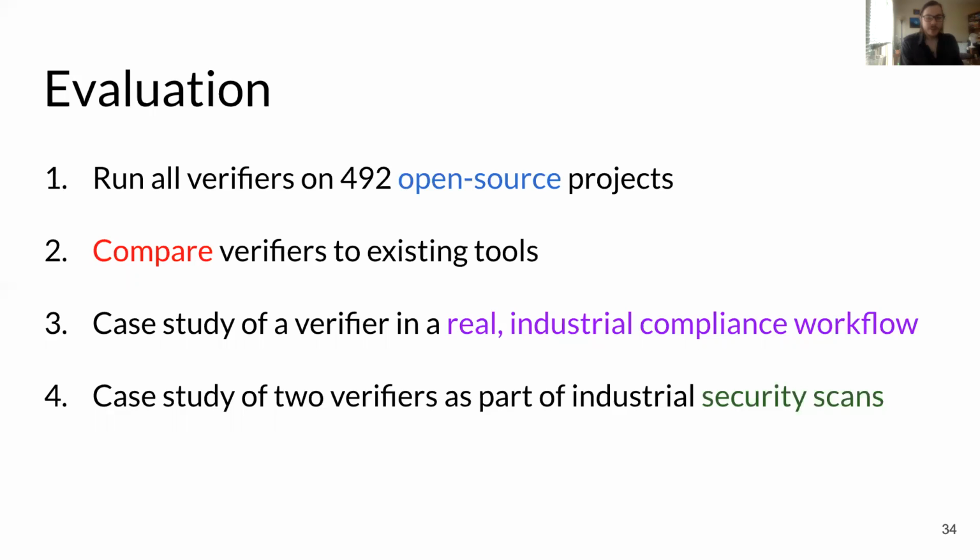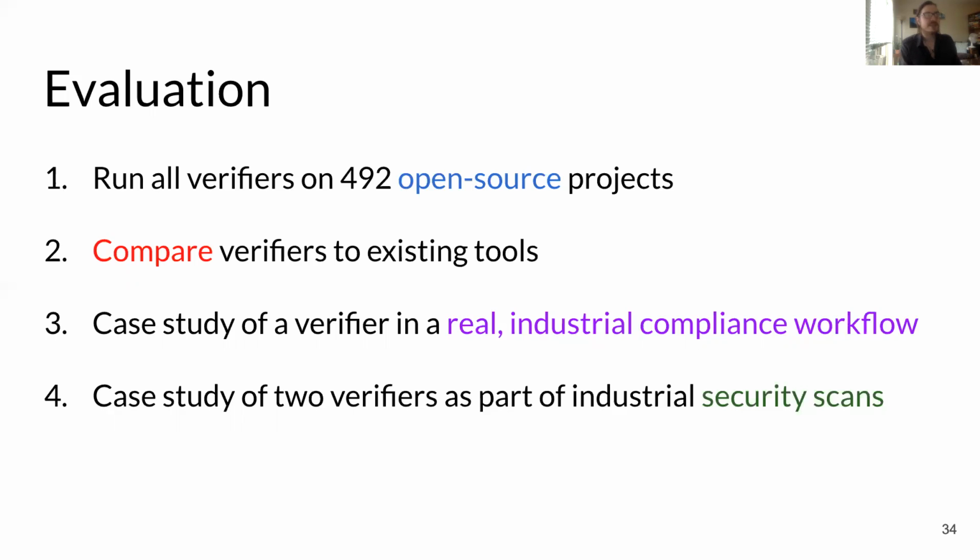And then we evaluated these systems in 4 ways. And this is where the real meat of this work is, so I'm going to spend a lot of time on these 4. First, we ran all the verifiers on 492 open source projects from GitHub. And second, we compared the verifiers to existing tools for detecting security problems and showed that though those existing tools are extremely precise, they're insufficiently sound for the needs of the compliance auditors.